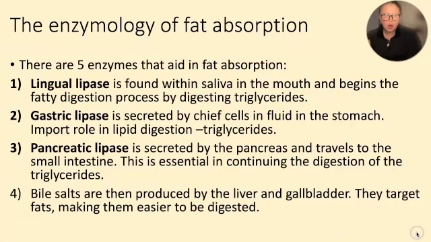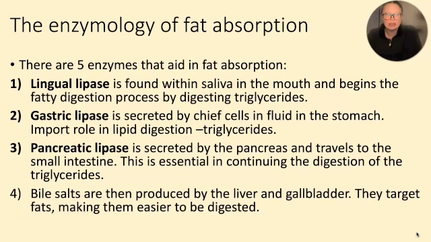To go off of that, we are going to talk about the specific enzymes that help with this process. We mentioned a couple of them in the previous slide, but there are 5 important enzymes that help with fat absorption. The top 3 are lipases, which we have discussed.